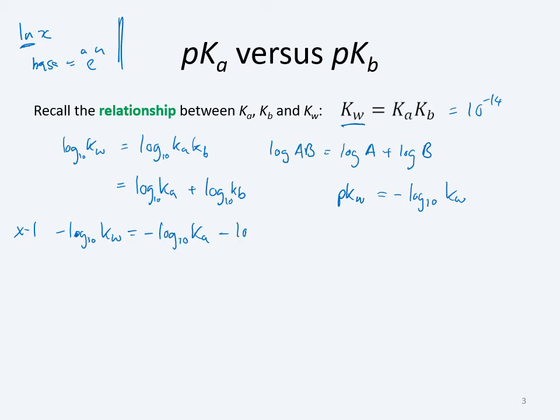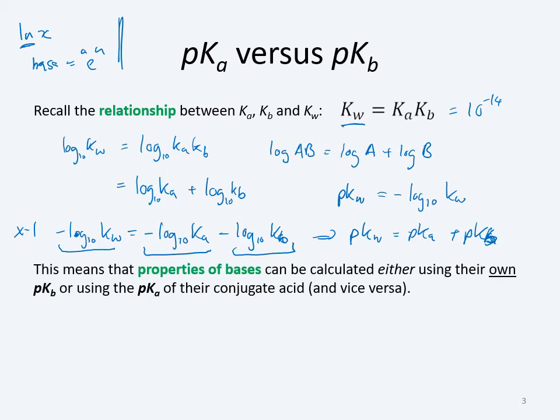Now this one is equal to pKa, this one is equal to pKb, and of course this one is equal to pKw. So we can say pKw is equal to pKa plus pKb.